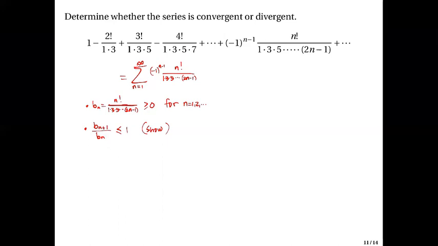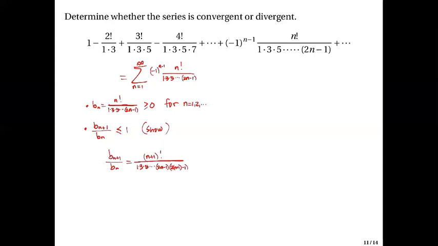Okay? So let's see. Bn plus 1 divided by Bn. So in here, we have what? N plus 1 factorial divided by 1 times 3, okay, times 5. So 1 times 3 times 5 times you have 2n minus 1 times 2 times n plus 1 minus 1.